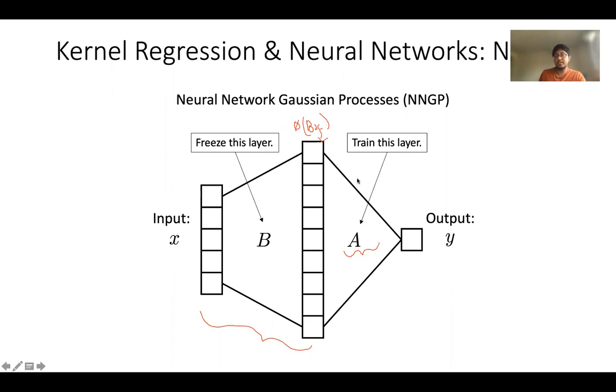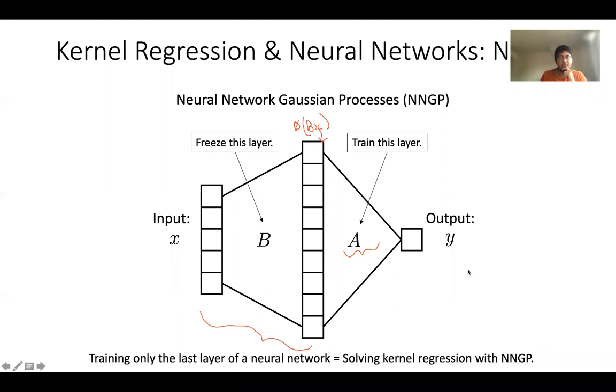And if you try to solve linear regression in this way, the corresponding kernel that comes out of it is called the neural network Gaussian process. And we'll cover this in extensive detail because computing these things is a key aspect to making our method useful. But what is the main takeaway here?